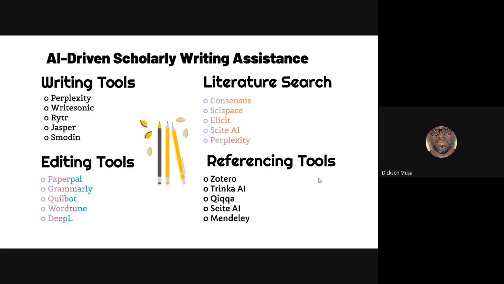If you pick one from each of these, you'll be able to come up with a very beautiful paper. One that can help you to write, one that can help you to do literature search, one that can help you to edit what you have written, and another one that can help you to manage your referencing tools.